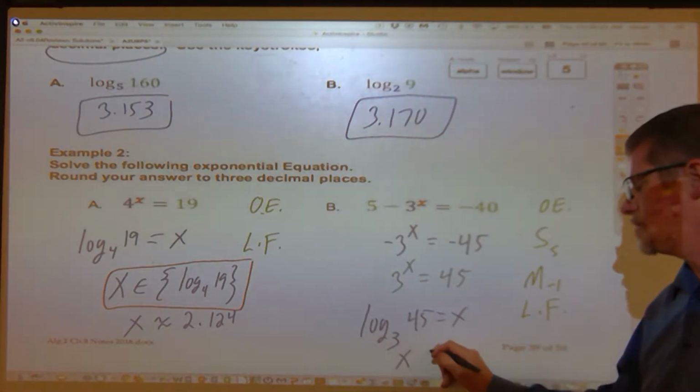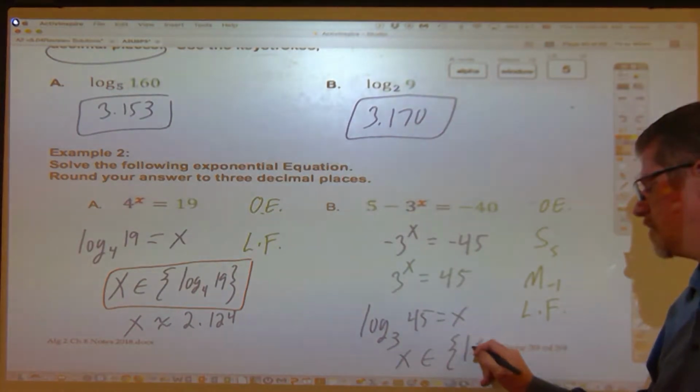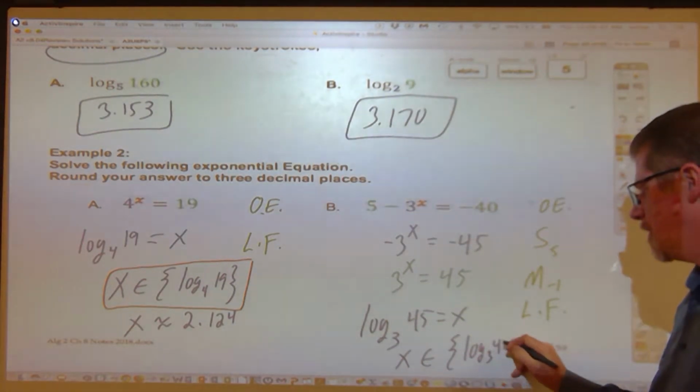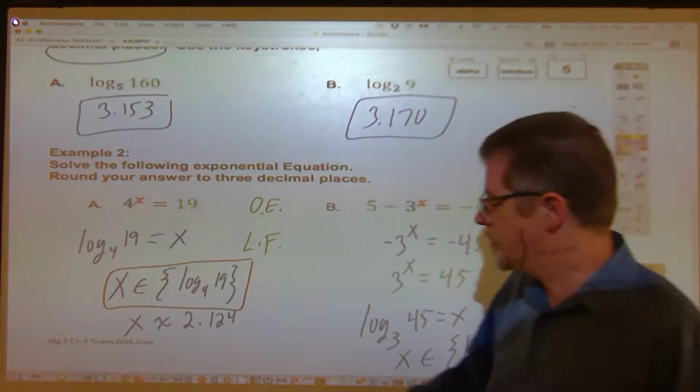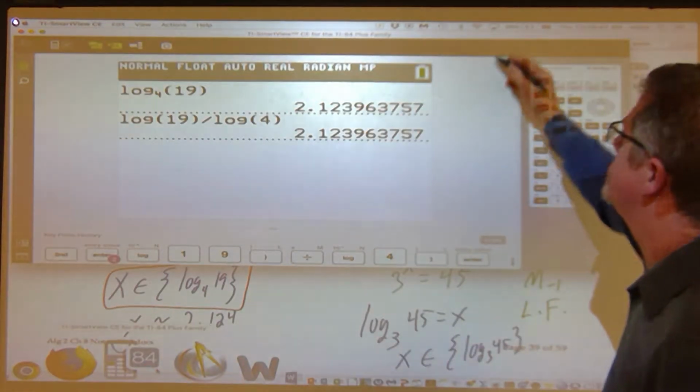You can write it in set notation. X is an element of the set log base 3 of 45. But since they do ask us to also round our answer to 3 decimals, go to the calculator and find the 3 decimal approximation.